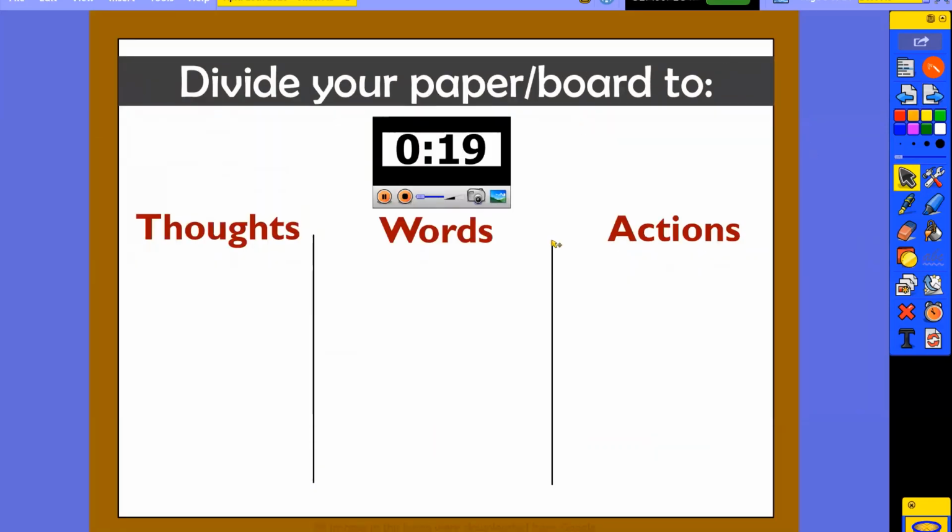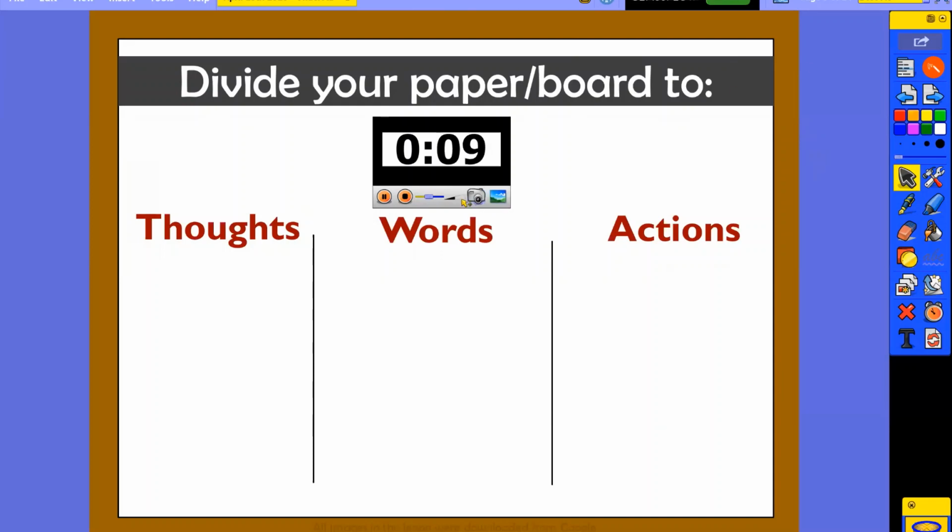Now, in these 20 seconds, I want you to divide the paper that's in front of you or your board into 3 columns, okay? And write thoughts, words, action. I will repeat the timer and I'm going to give you 20 seconds. Come on, it's more than enough time. Only 3 sections, okay?